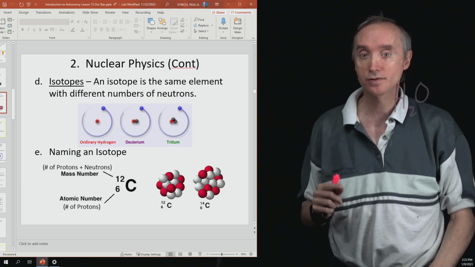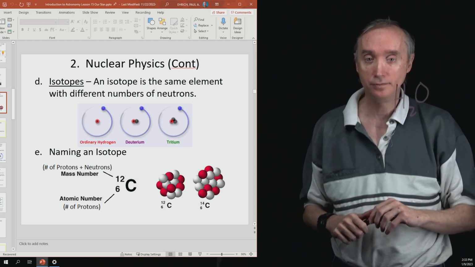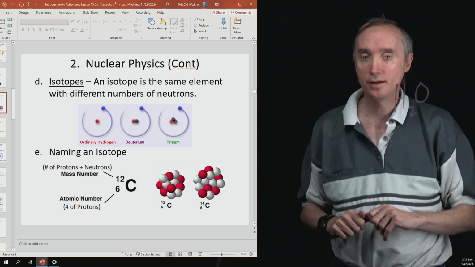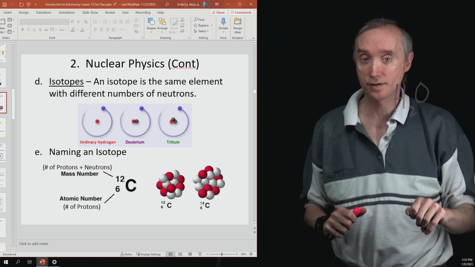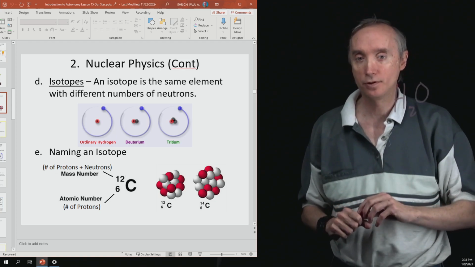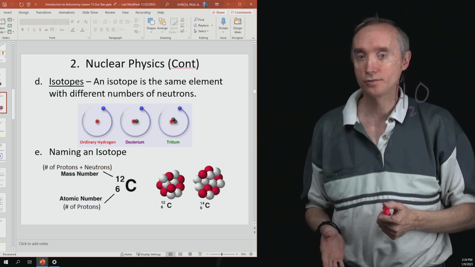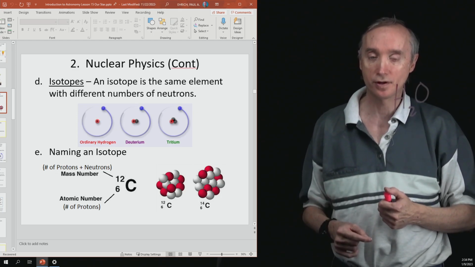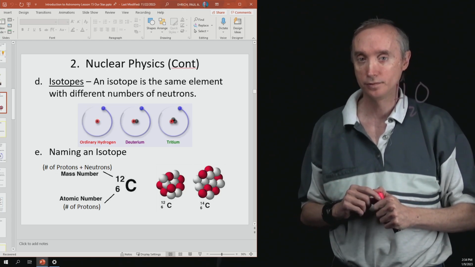It has 6 protons. So we put that number next to the C, and then we look to see how many neutrons it has, and we add that to the number of protons. So the mass number is the number of protons plus the number of neutrons that are in that particular isotope.